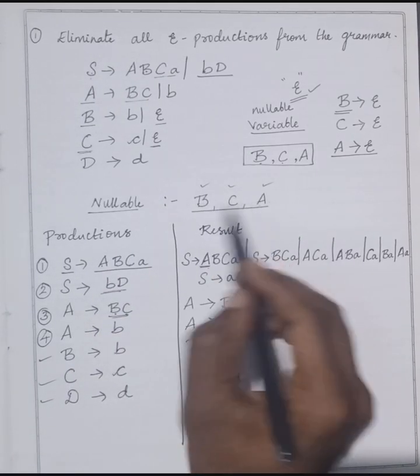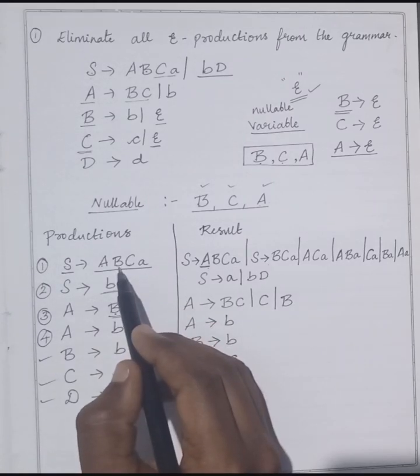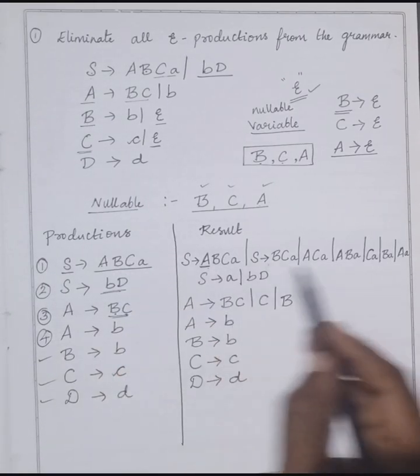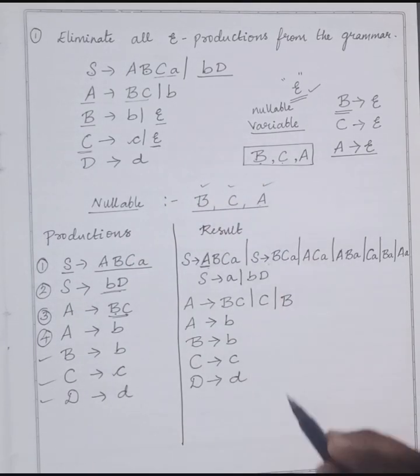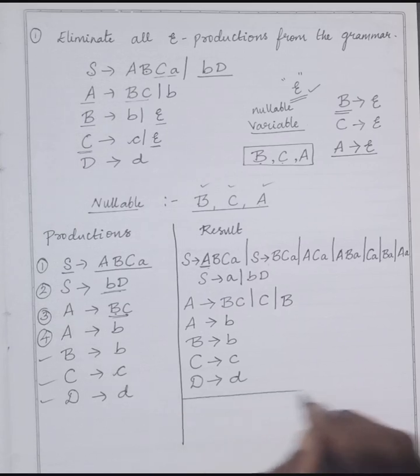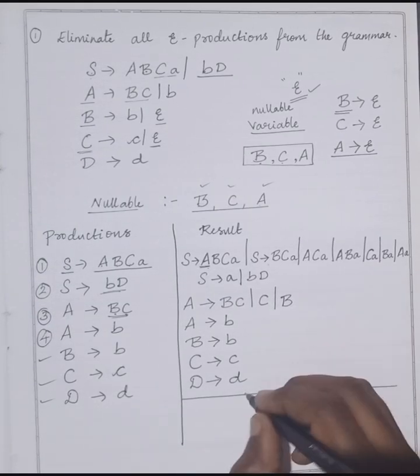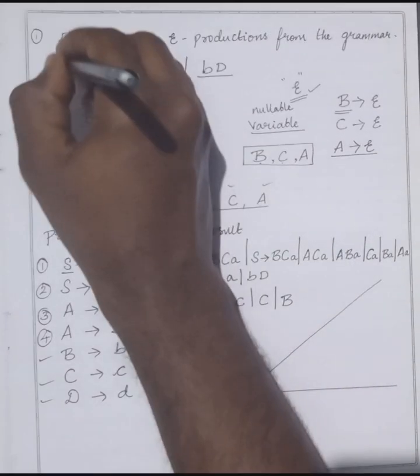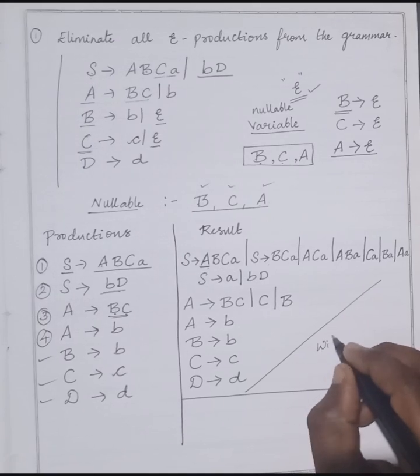Whatever null variables we have taken, we assume they are epsilon and substitute, creating different combinations instead of writing the epsilon. These are the final productions that do not have any epsilon, but they are an alternative to the same productions from the question, without epsilon.